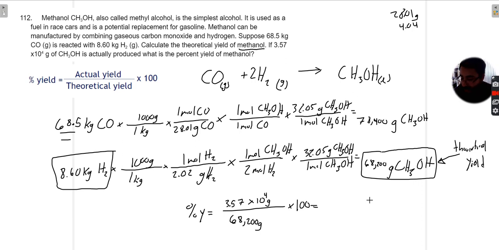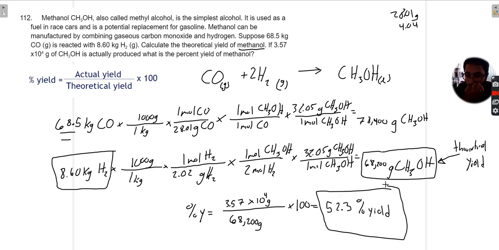We divide that by 68,200 and multiply by 100, and we get 52.3, because we only have 3 sig figs, 52.3% yield. What that tells us is that in this process to create methanol, they only made 52.3% of what they should have made.